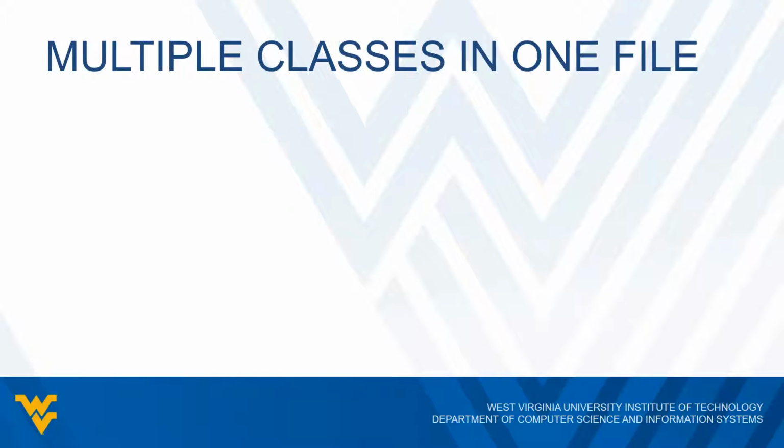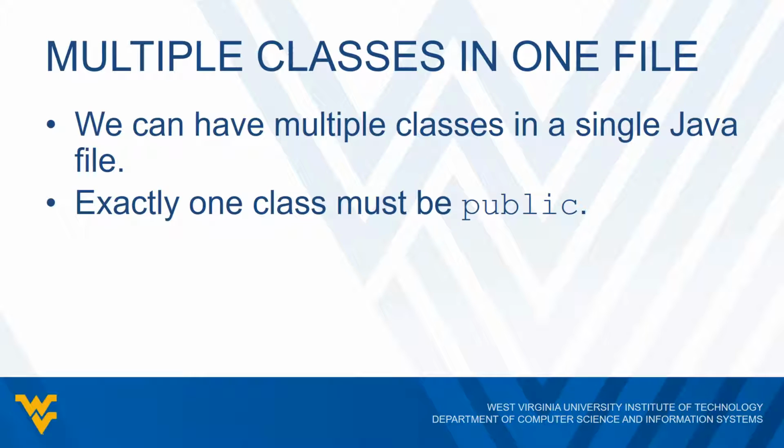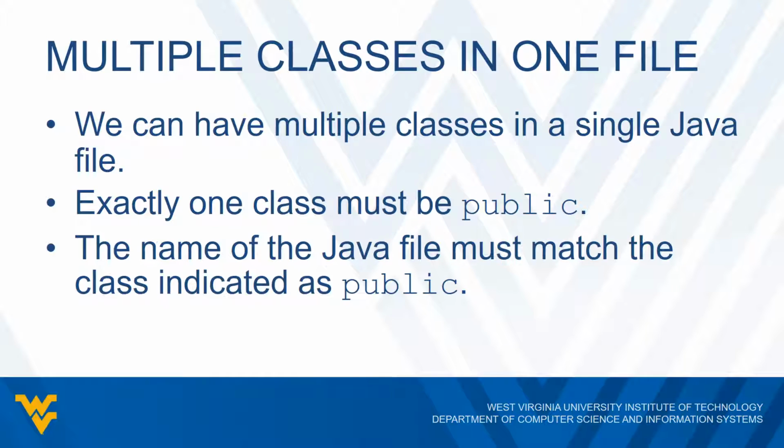Now, I do want to mention something about that example. It was kind of hard to tell because we had to split the code within 2 slides, but the idea with that example was both of those classes were in the same file. So we can actually have multiple classes in a single Java file. The way we pull that off is exactly one class must be public, and the name of that Java file must match the class indicated as public.